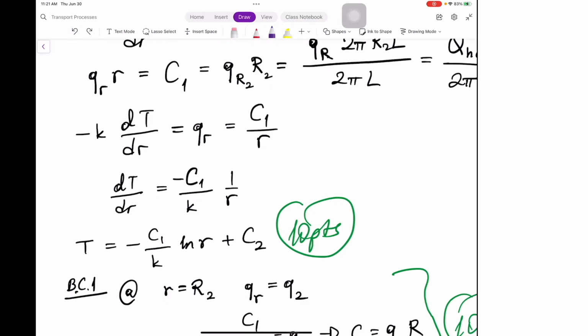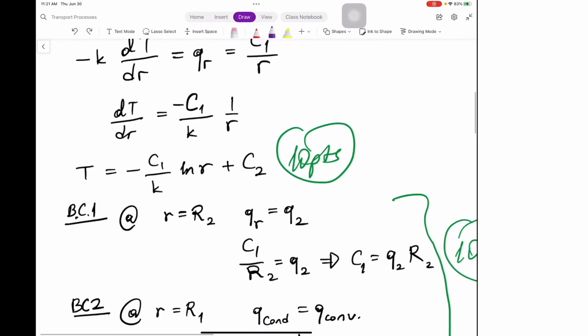But this is the boundary condition that you need to use. At r equal to R2, Q must be equal to Q2. Now if you use Fourier's law, instead of Q_r you can plug in minus k dT/dr, which must be equal to C1 over r. So you just combine these two things, and then Q_r must be equal to that. So you can write down this is equal to this.